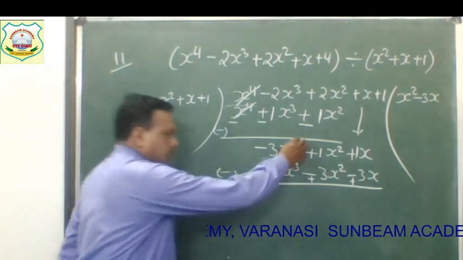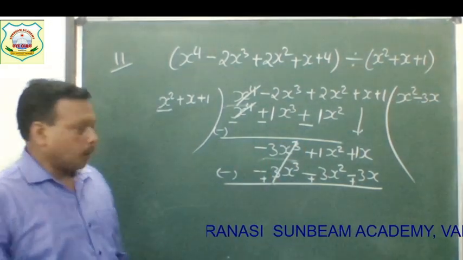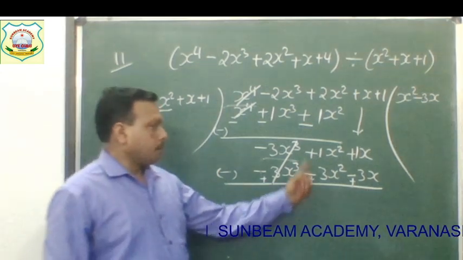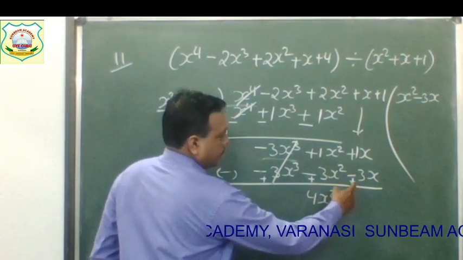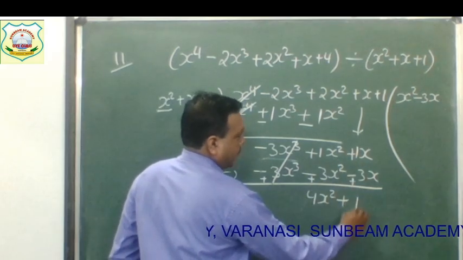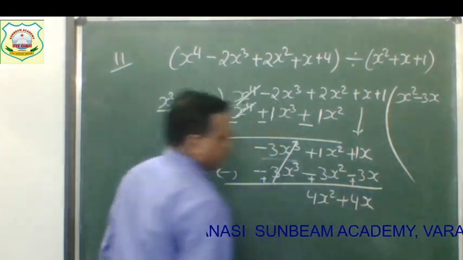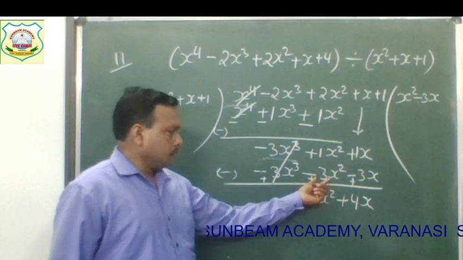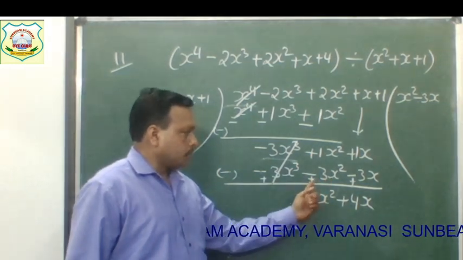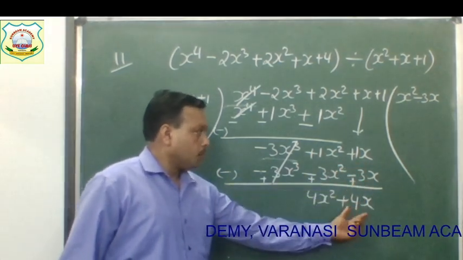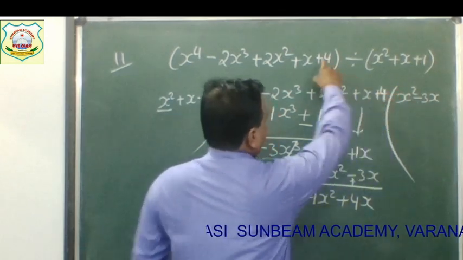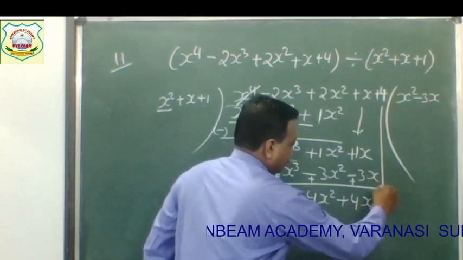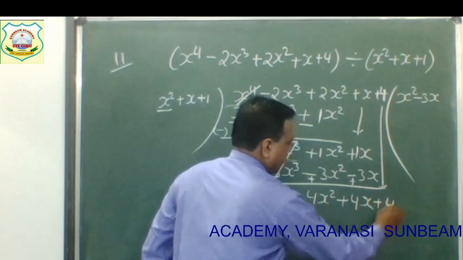Minus 3x cube and plus 3x cube cancel. Then 3 plus 1 is 4x square, and plus x plus 3x gives 4x. Now bring down the 4, because there is plus 4.